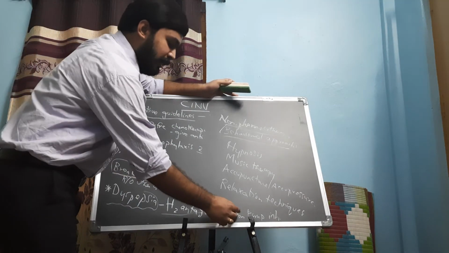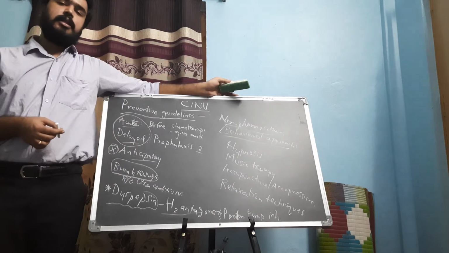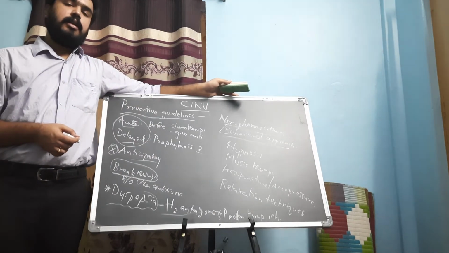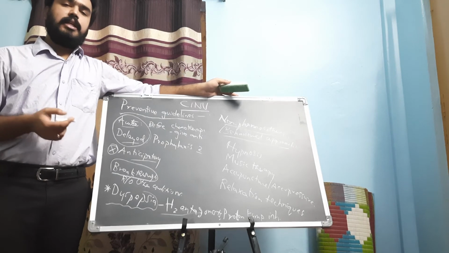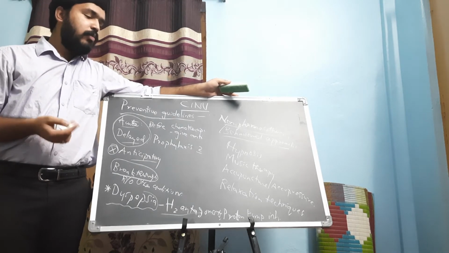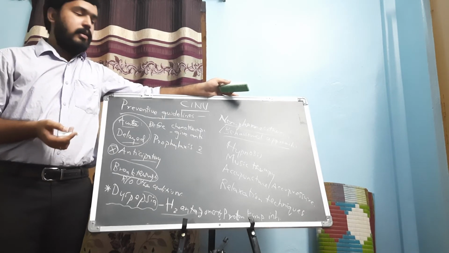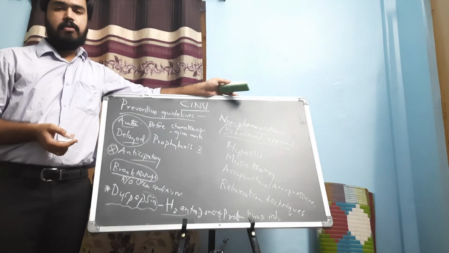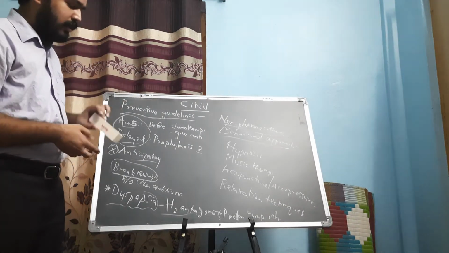Apart from that, the proton pump inhibitors can block the H plus ion binding with the Cl minus to produce the HCl. So omeprazole, pantoprazole are some of the examples of proton pump inhibitors, which can be the preferred choice for dyspepsia.